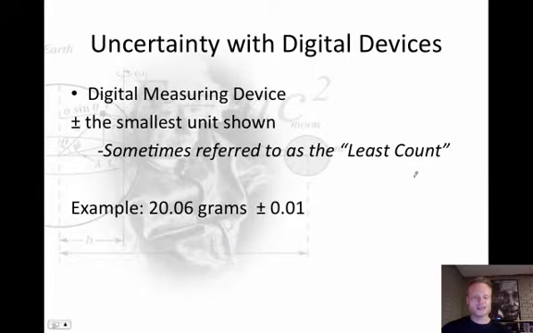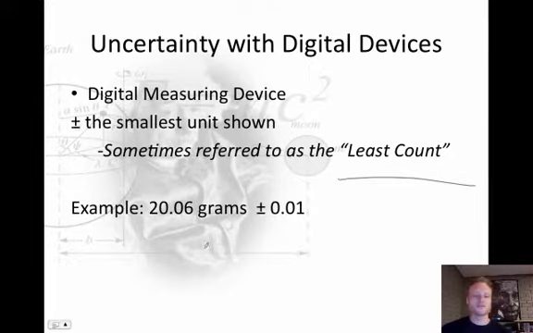With digital devices, these are things that do actually flash at you. So, you know, like an electronic balance, a stopwatch, you name it, a digital thermometer, those types of things would all be considered digital devices. And basically the uncertainty is plus or minus the smallest unit shown. And sometimes that's referred to as the least count.